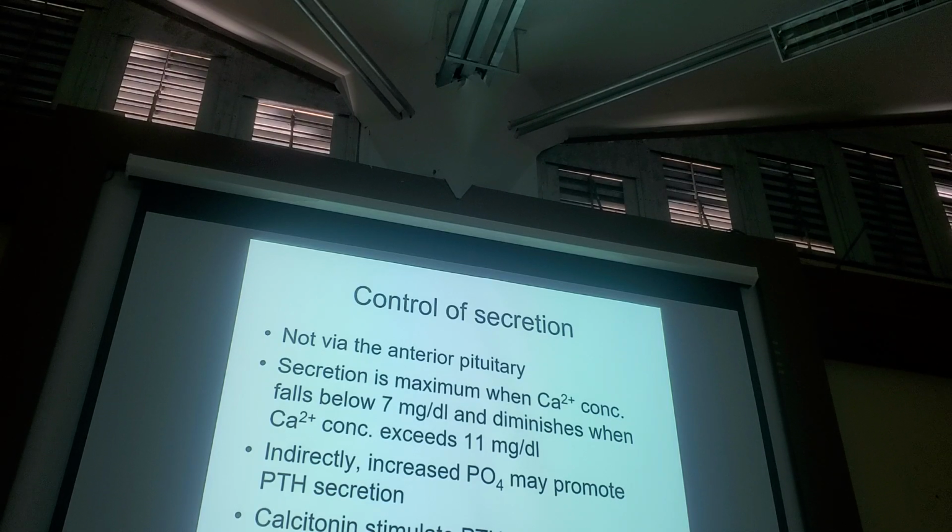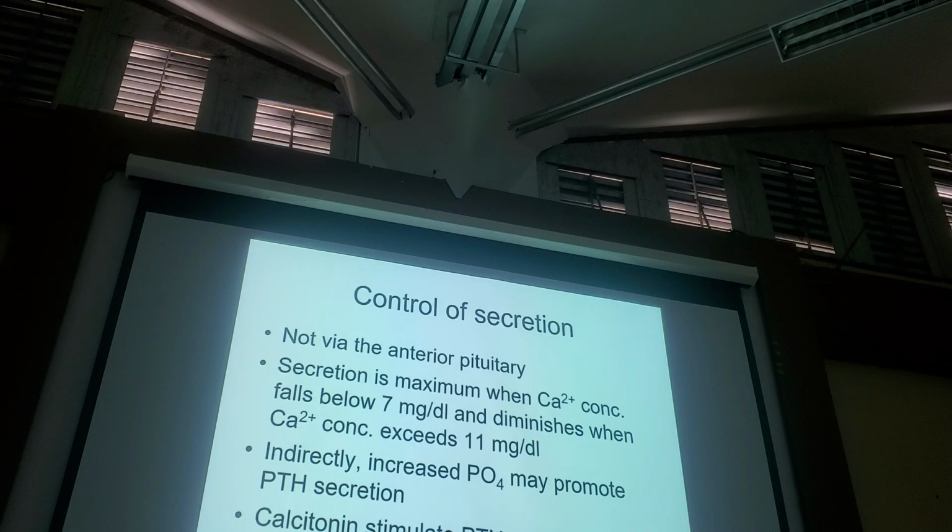The secretion is not controlled via the hypothalamus or the anterior pituitary, but rather it is regulated by the level of the plasma calcium concentration. Makes sense, doesn't it? Calcium is not a hormone.